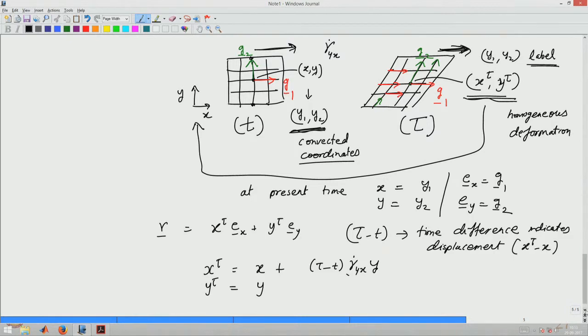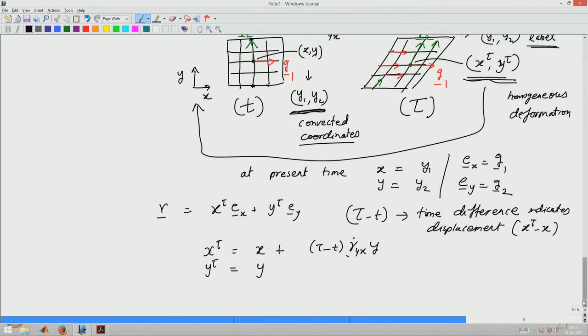So, based on these definitions, now we can calculate G1, and so G1 is nothing but del r by del y1, which implies that it is del r by del x, and so therefore, we can calculate it to be Ex, and so it is not surprising that we have found G1 to be in the direction of Ex.